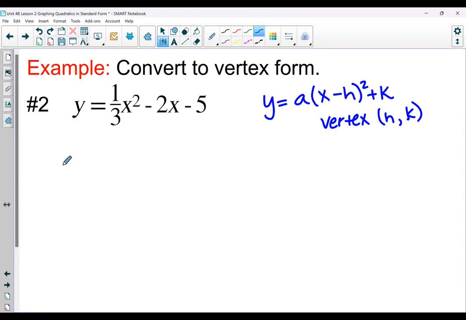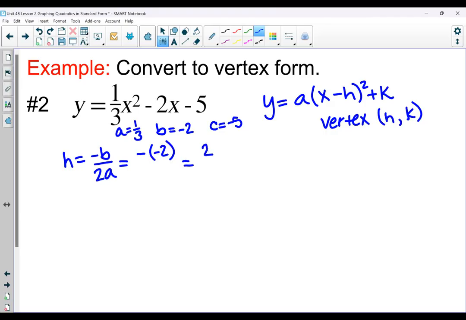So h is going to be the x value of our vertex. We're going to use our formula negative b over 2a. In this case, a is equal to 1/3, b is equal to -2, and c is equal to -5. So negative b would be equal to -2, which is positive 2, over 2 times 1/3, which would be over 2/3.